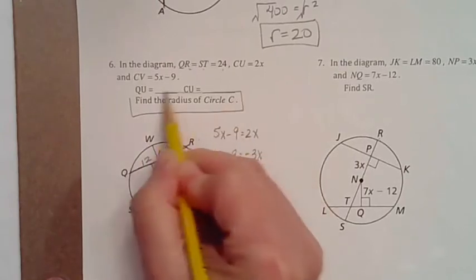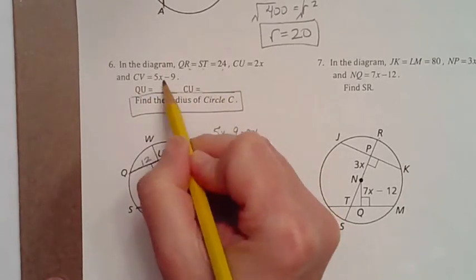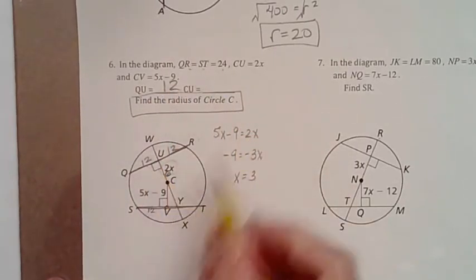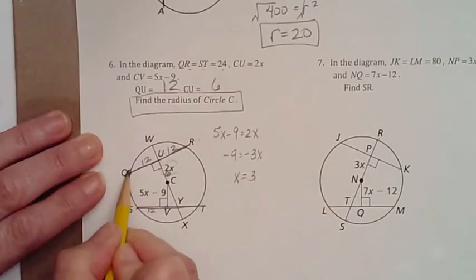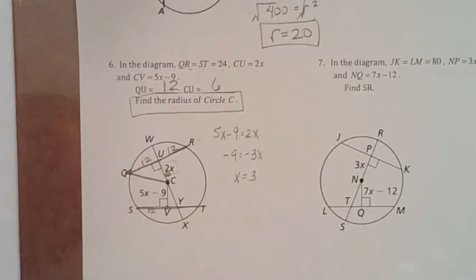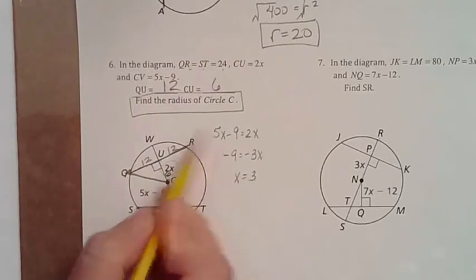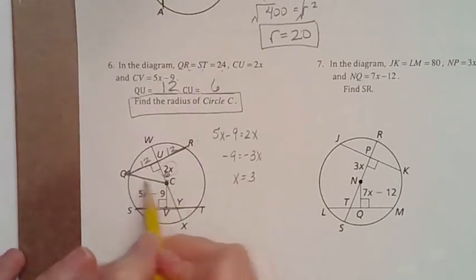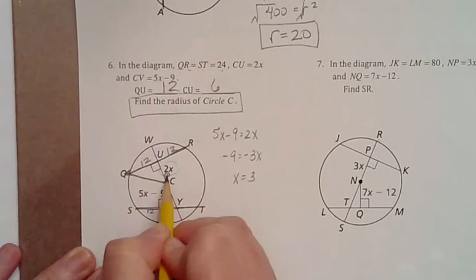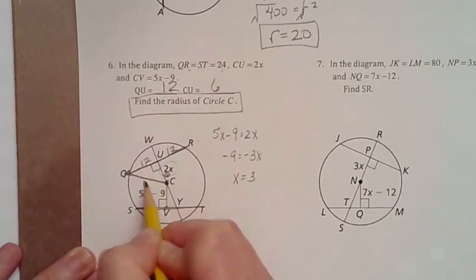Find the radius. Oh, what is here? QU. QU is 12, and CU is 6. Well, look, find the radius. Maybe since they mentioned those two, maybe I'll make my triangle here. But look, finding a radius means that I have to come from the center to one of these endpoints of the chord because I have to make a right triangle. Here I have a right triangle. I have 6, 12, and R for radius.